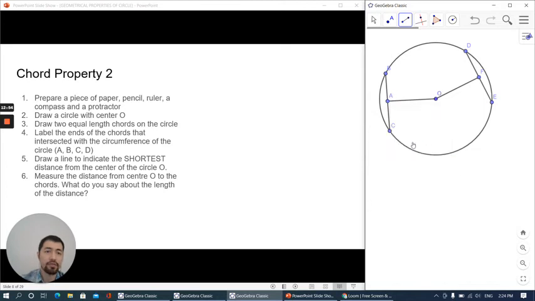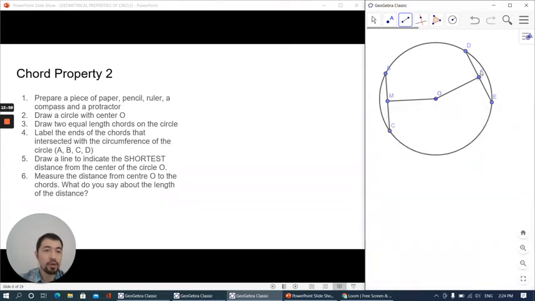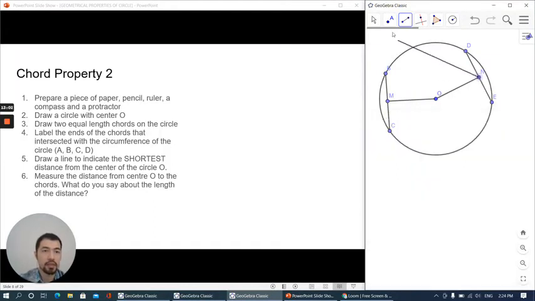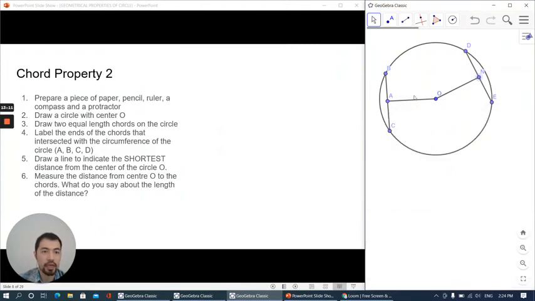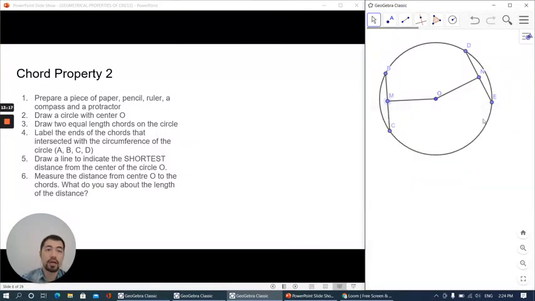Actually, this is kind of confusing, right? So I'm going to change that to M and this one to N. So this one is N, and this one is M. All right, so what is the distance?